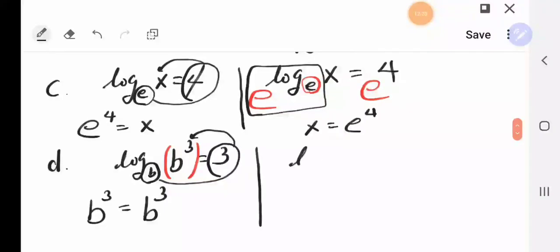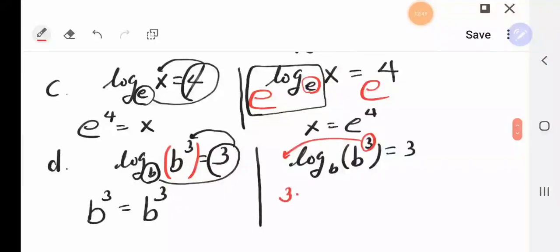And then using the property, inside the logarithm is an exponential form. Then you can take this exponent out.